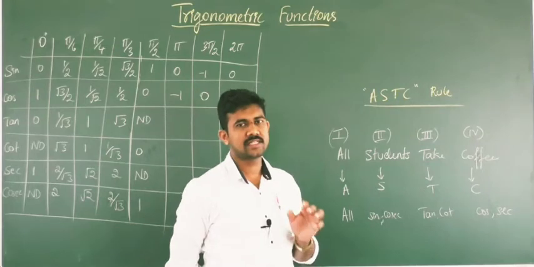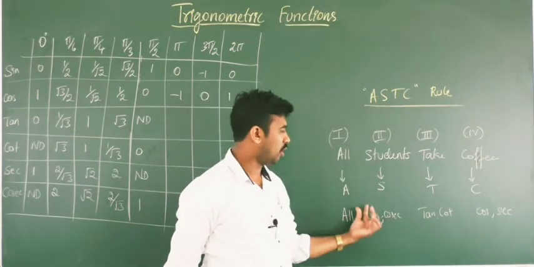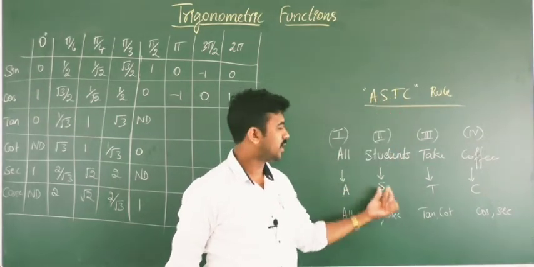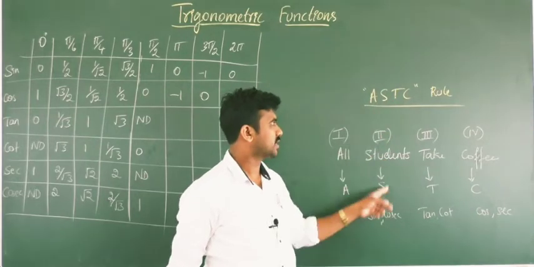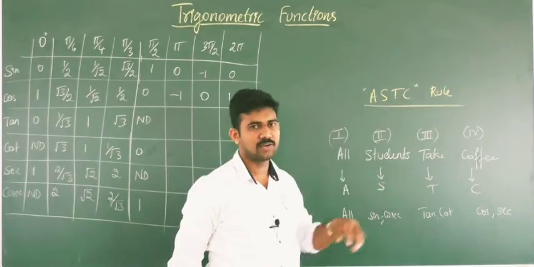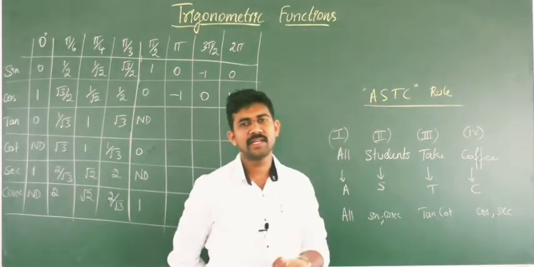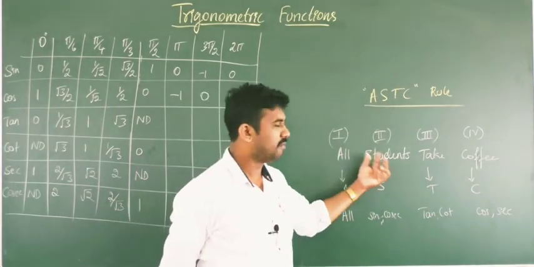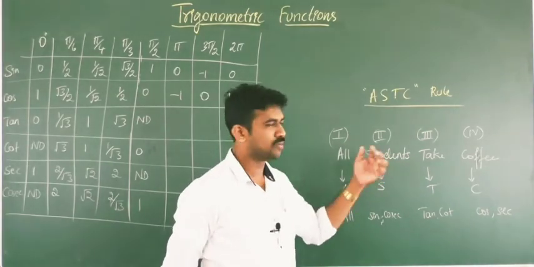Okay, the ASTC rule. Here A stands for all, S means sine and its reciprocal cosecant, T means tan and its reciprocal cot, and C means cos and its reciprocal. To memorize that, we can use one statement: all students take copy.